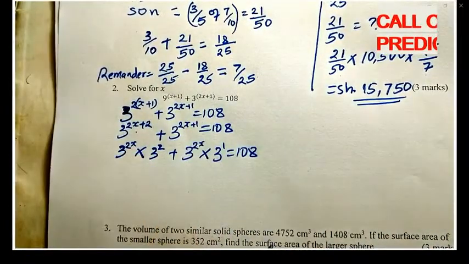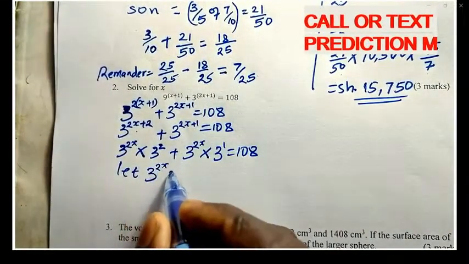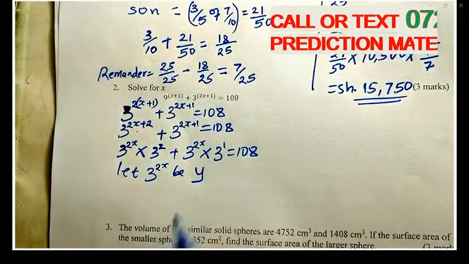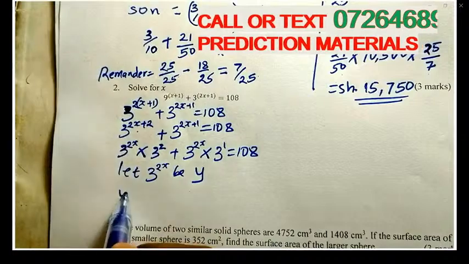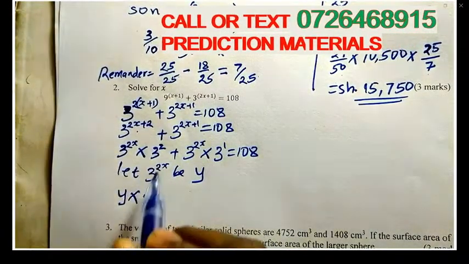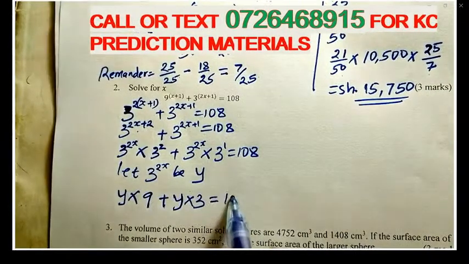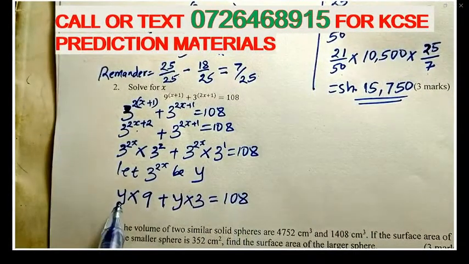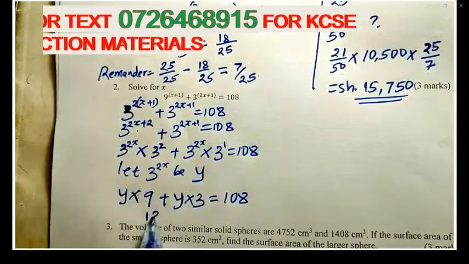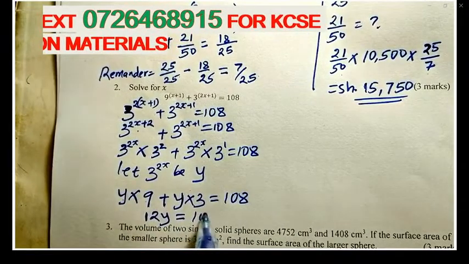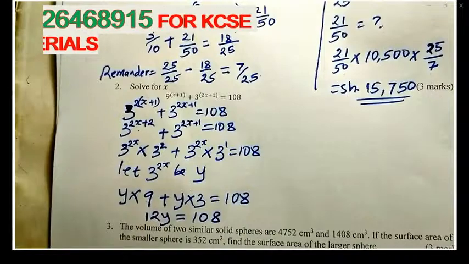You introduce, you say let 3 raised to power 2x be y. Kwa hivyo mahali popote ambapo kuna 3 raised to power 2x weka y. So hapa itakuwa y times 9 because 3 squared is 9, plus y times 3, the answer will be 108. So itakuwa 9y plus 3y itakuwa 12y is equal to 108.